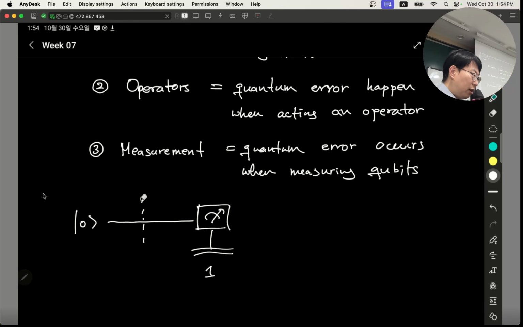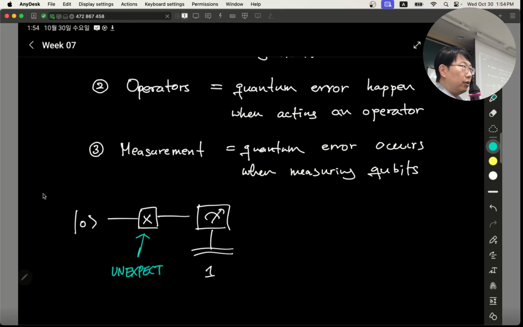So what we can think about the quantum error is the following. If we are expecting the outcome as 0, but we measured 1, then we assume that an unexpected X gate was applied to the state. This is an unexpected gate.